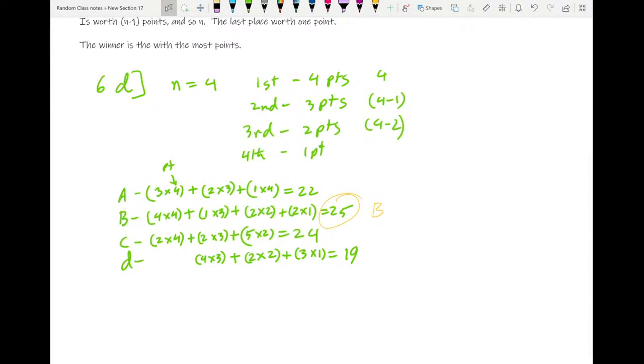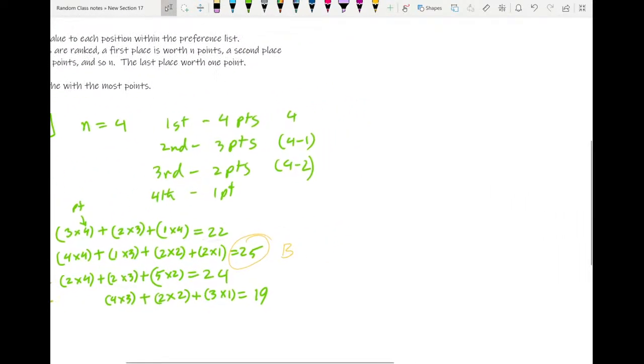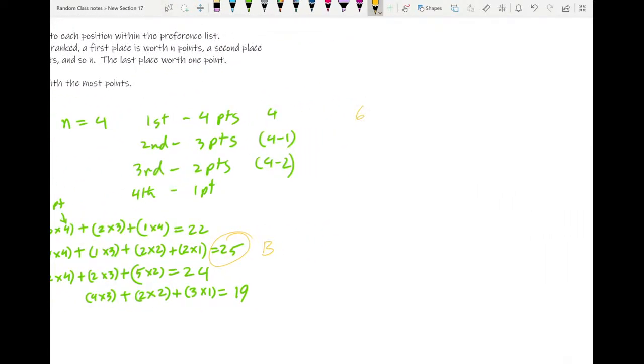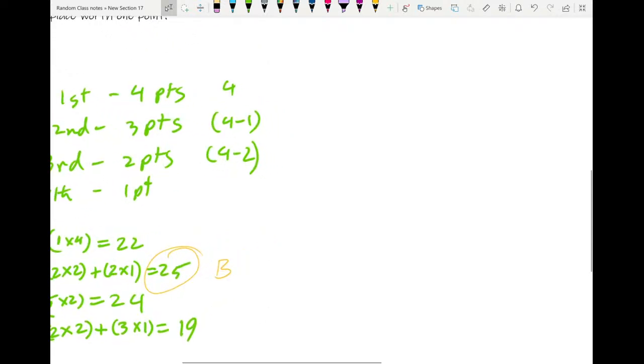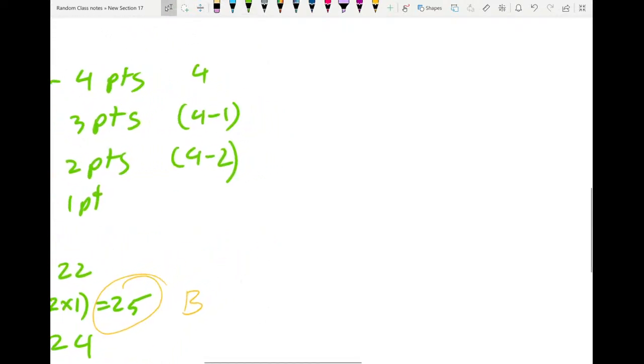Let's look at the same problem for 6C. And we're looking at just straight out plurality. If we look at just plurality, who got the most first place votes in this case?